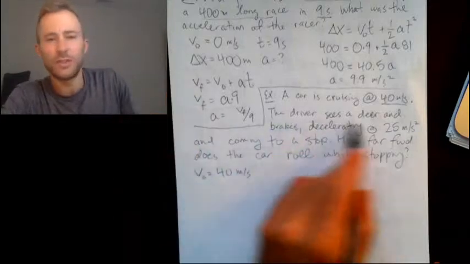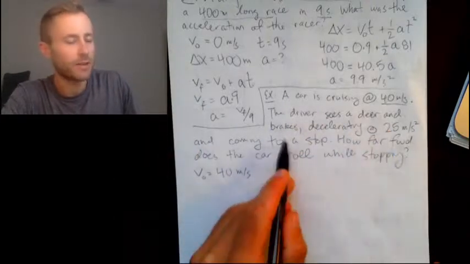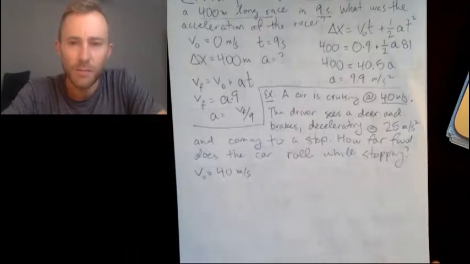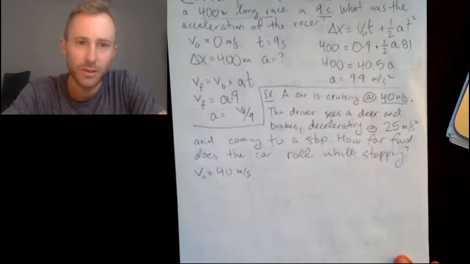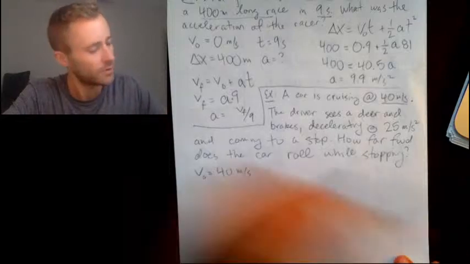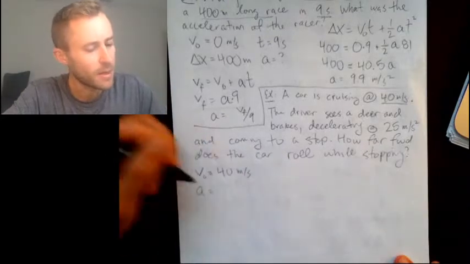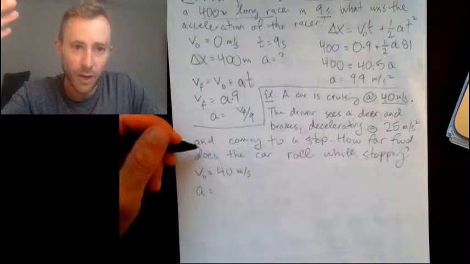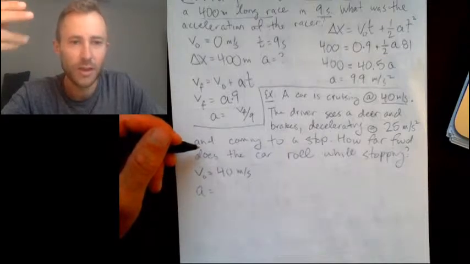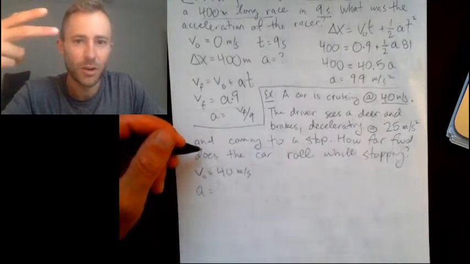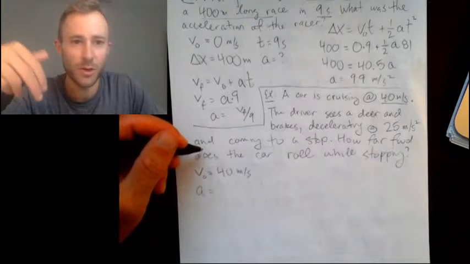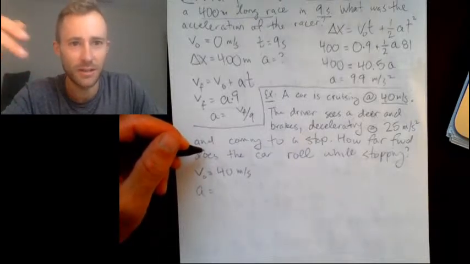The driver sees a deer and brakes, decelerating at 25 meters per second squared. One thing we have to be careful about is the sign of the acceleration. If the acceleration were plus 25 meters per second squared, then every second you are gaining 25 meters per second of velocity, so it would go from 40 to 65 to 90.